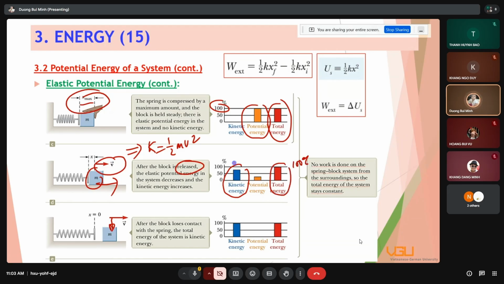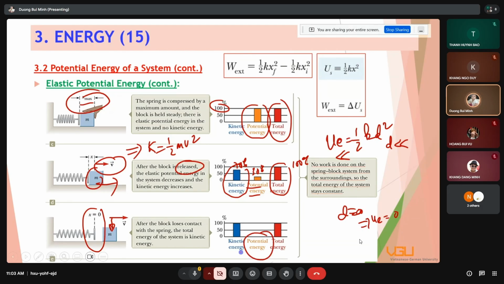So if, for example, 70% is kinetic, then we have 30% potential energy, because for the potential energy, U is half k d squared, and now d is smaller, so U is smaller. Here the block and spring are back at the equilibrium state, so d is 0, which means U_E is 0. We have no potential energy, but max kinetic energy and max total energy.